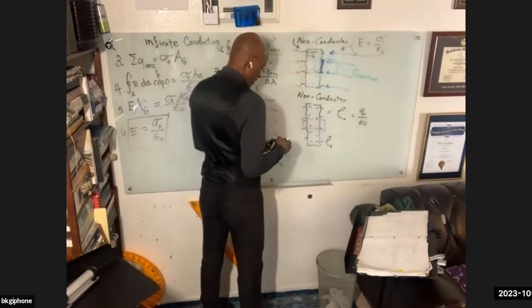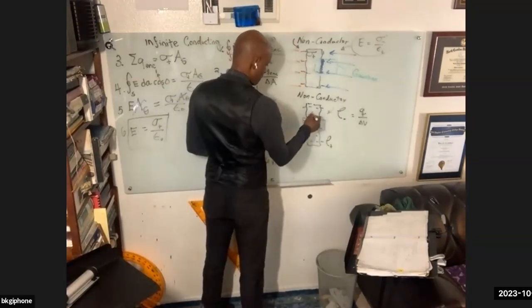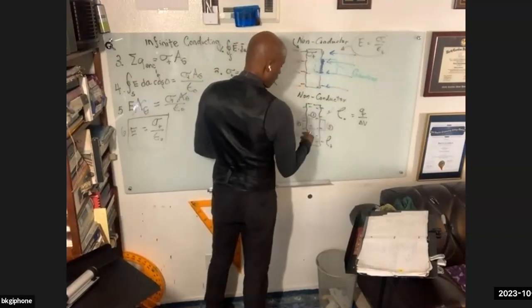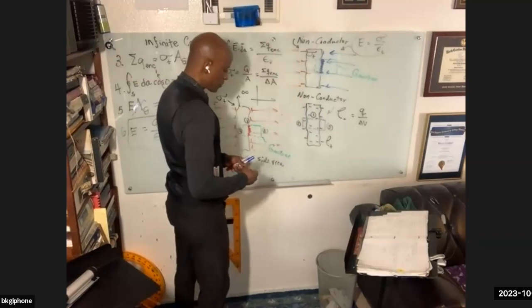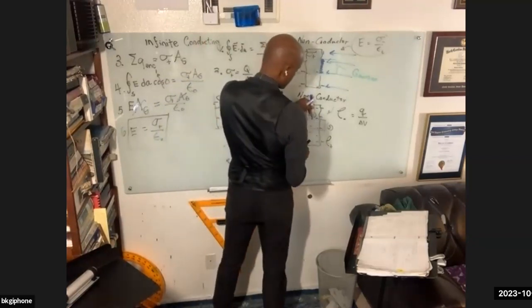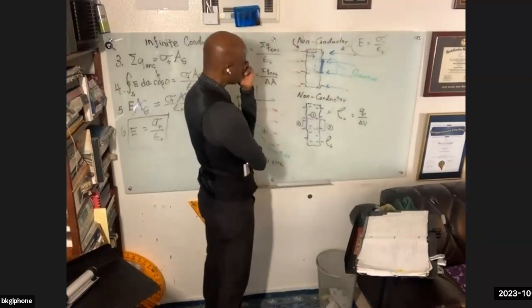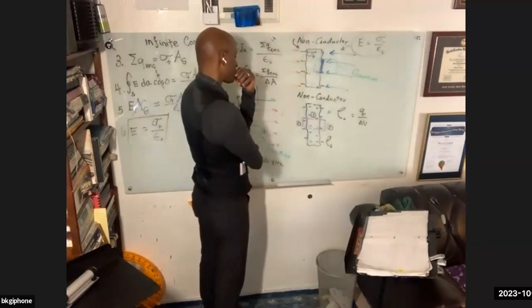So I call this side 1, this is side 2, and this is side 3. So 1 is still going to have 0 contribution to flux, because the area is like this, the field, well, actually, is that true? That's actually a bit more interesting now.